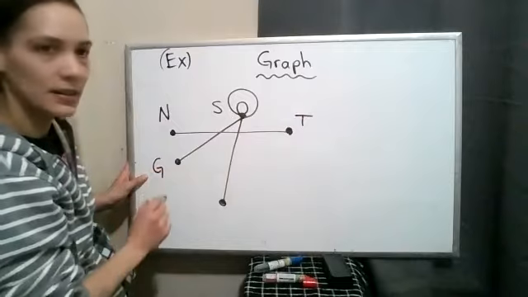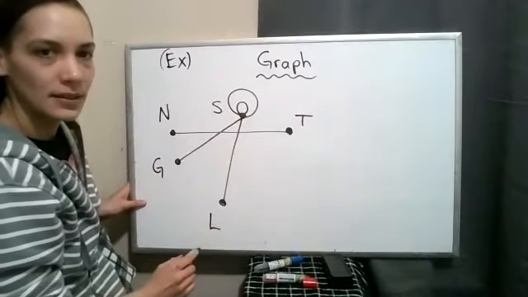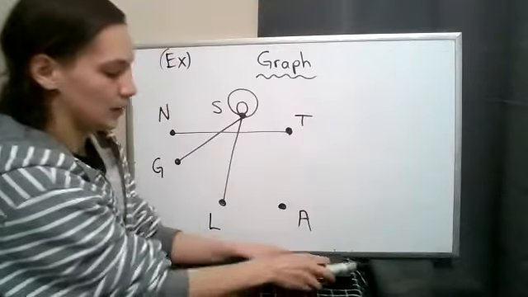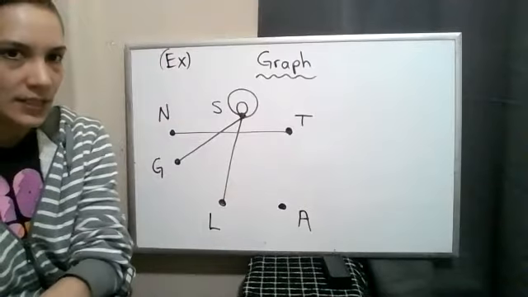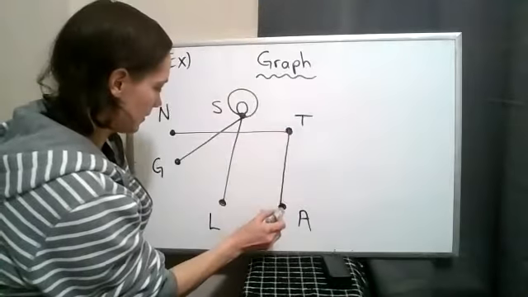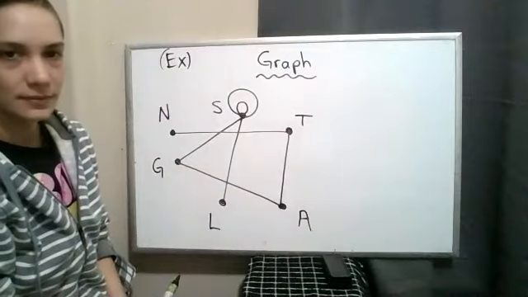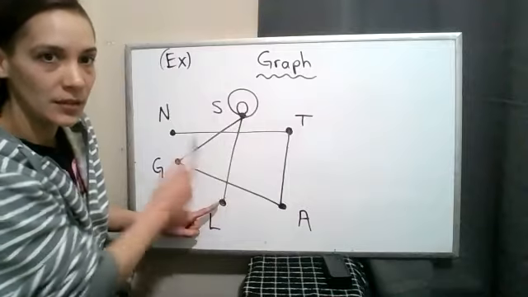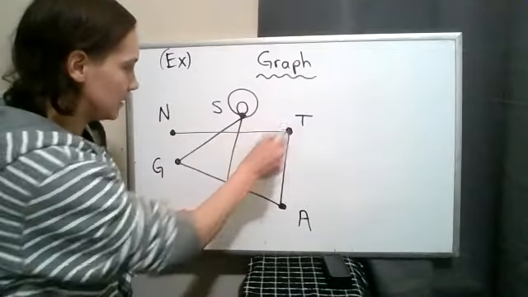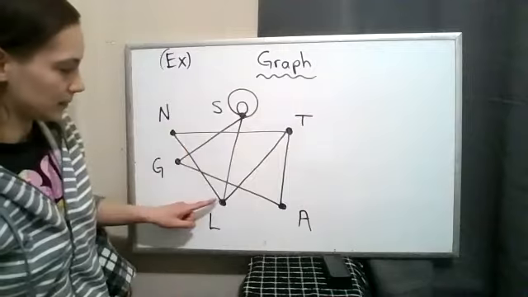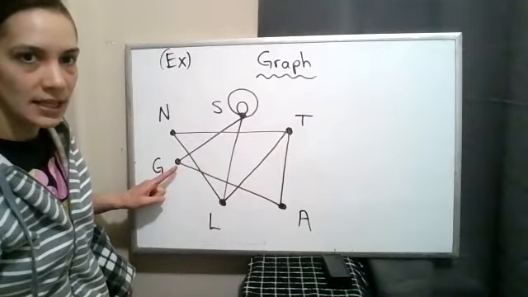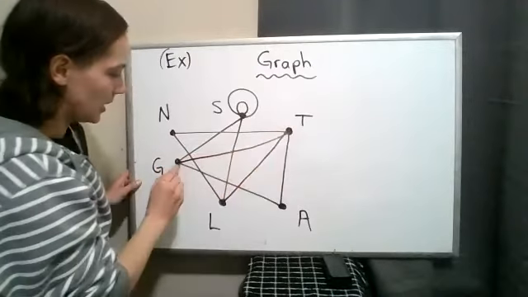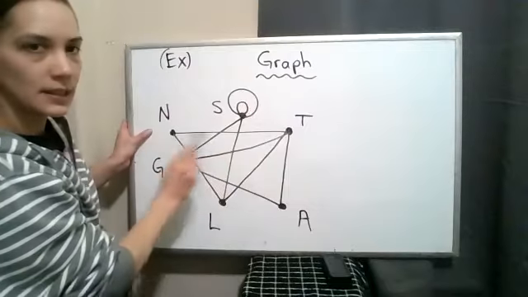This is called G. This is L. And over here is A. So A goes to T and G. L, we already have connected to S. It also connects to N and T. G goes to S, T, and A. G goes to S, G goes over here to T. And we already had G connected to A. This is in the graph.